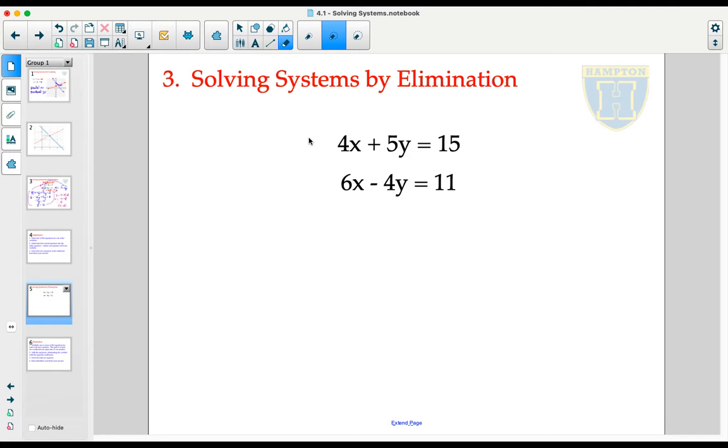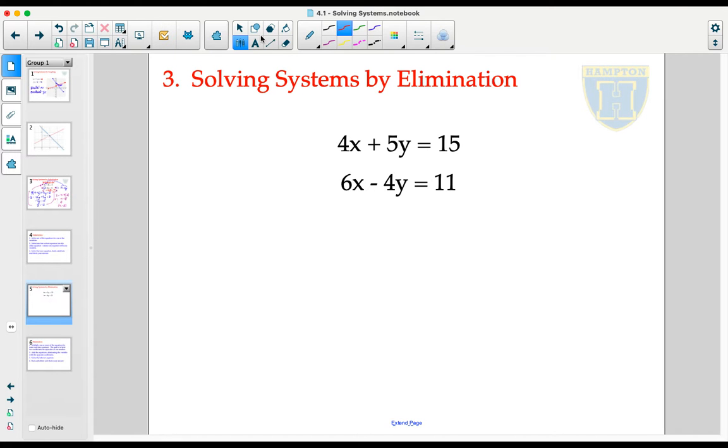Why are we allowed to do that? Well, because of the rules of equality. I can multiply these equations by anything I want and create an equivalent equation. I can multiply the top one by 64 and the bottom one by 32, and I would create equivalent equations. Equations that would have the same solutions, the same graphs, and the same intersection point.